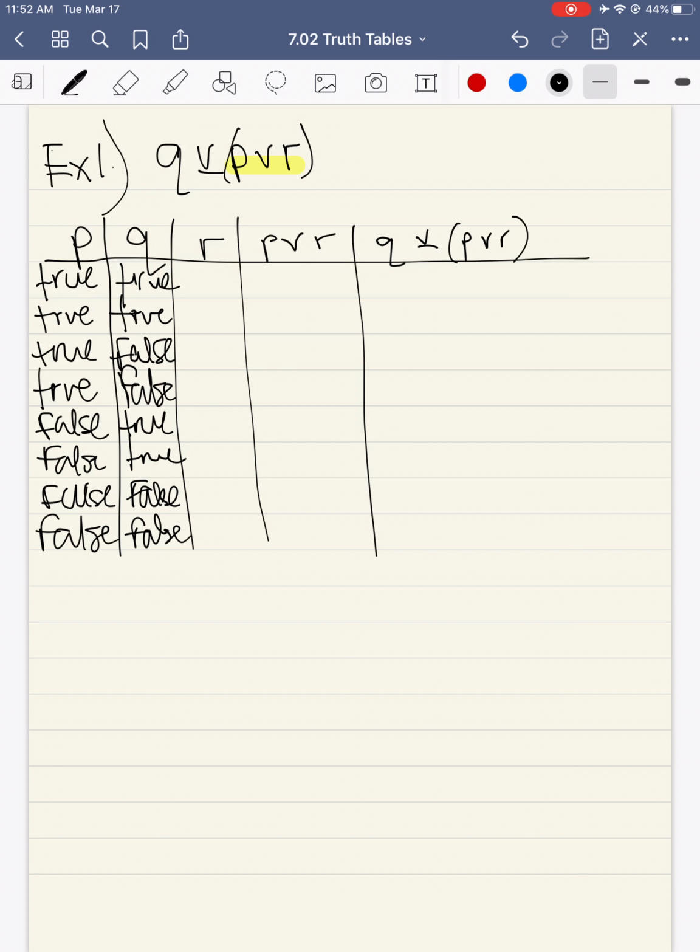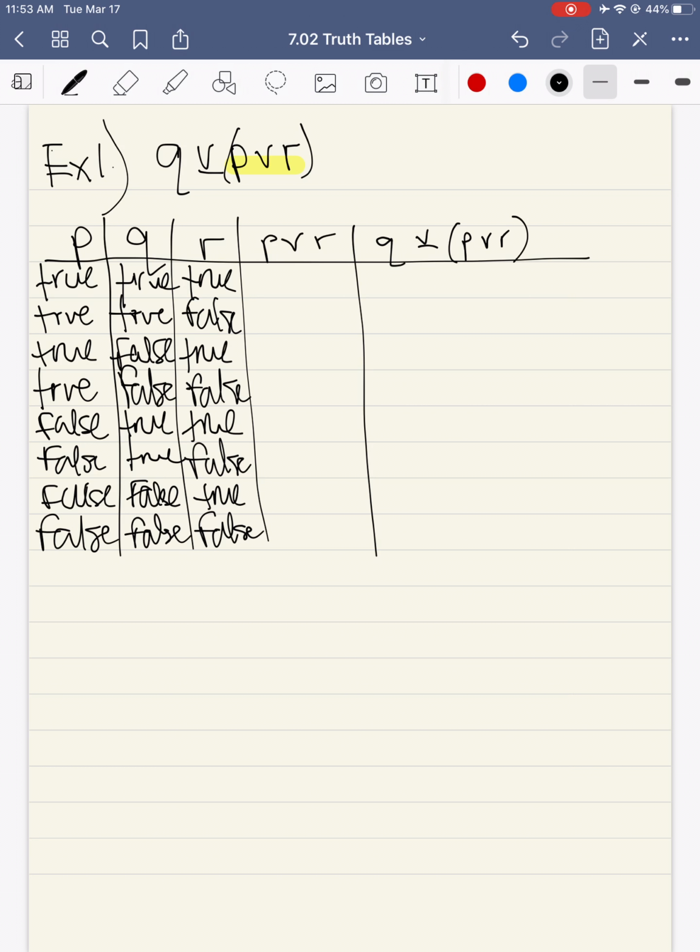And then whatever's your last one, so R is the last proposition in the table, we're just going to strictly just alternate between true and false. So true, false, true, false, and keep going. So now I have all the possible combinations.